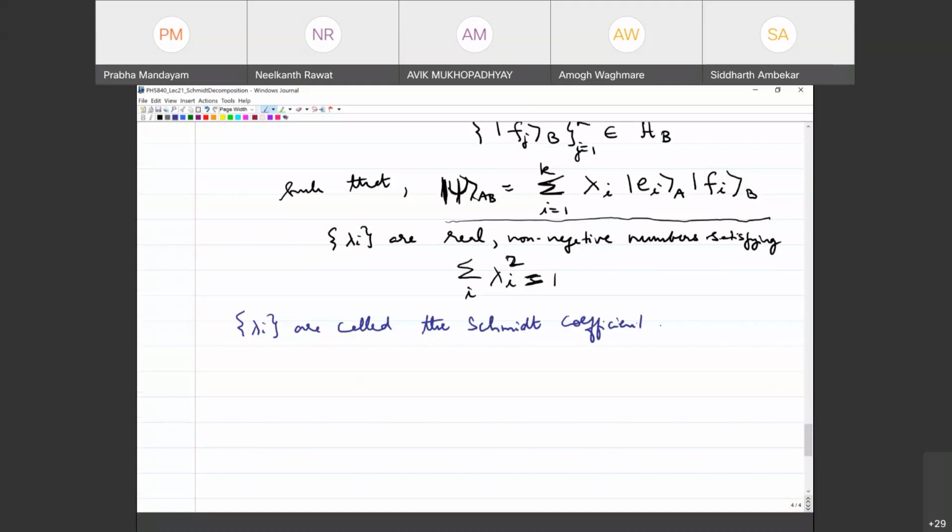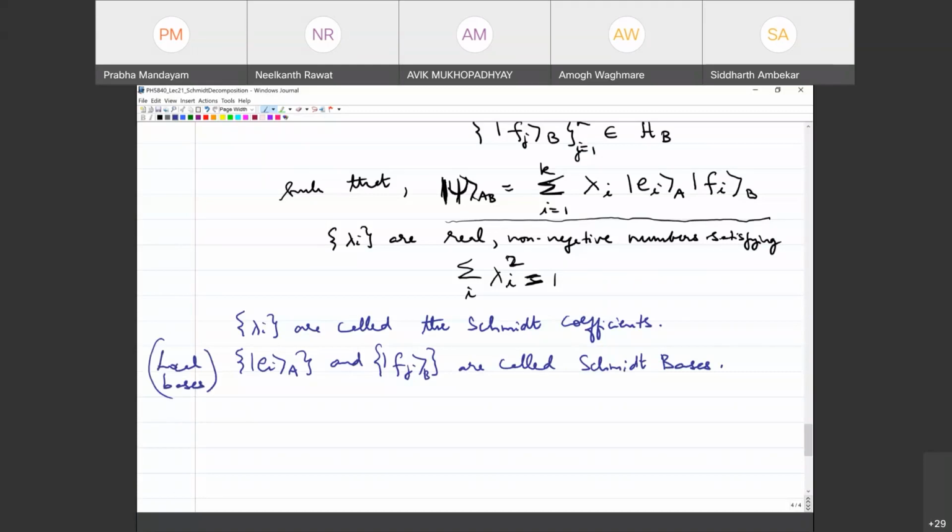And the local bases EI and Fj are called Schmidt bases. Remember, these are local bases, meaning each one is a basis for A and B respectively. Of course, if you take a tensor product, you get a basis for the joint system. But when I say Schmidt basis, I mean Schmidt basis in A and Schmidt basis in B. Okay, so this is the content of the Schmidt decomposition theorem.